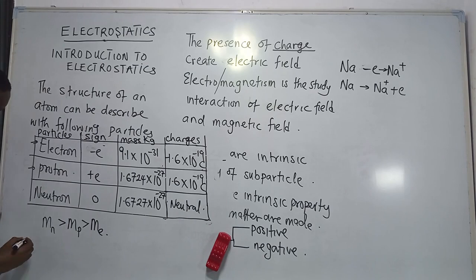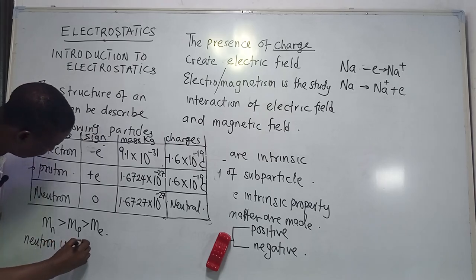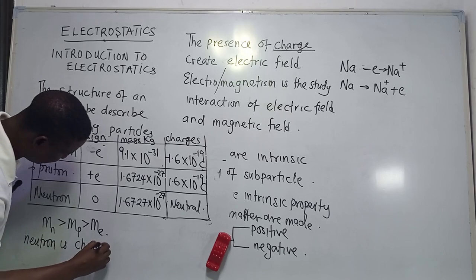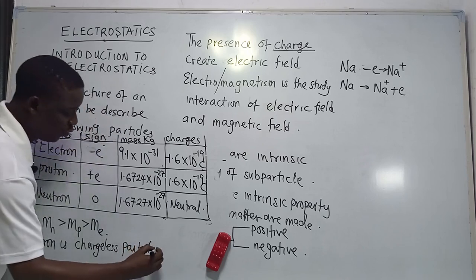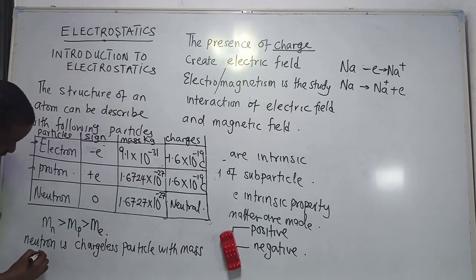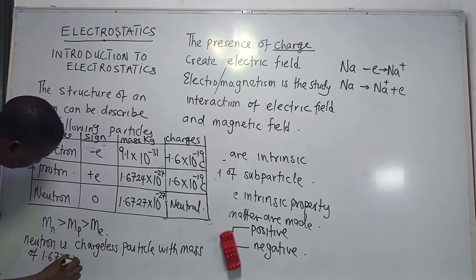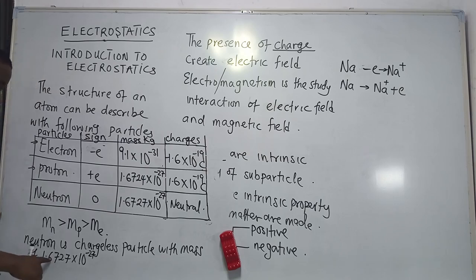So we can say that the neutron is a chargeless particle with mass of 1.6727 times 10 power approximately minus 27. There are more values to be given, but I just give you something in 4 decimal places.